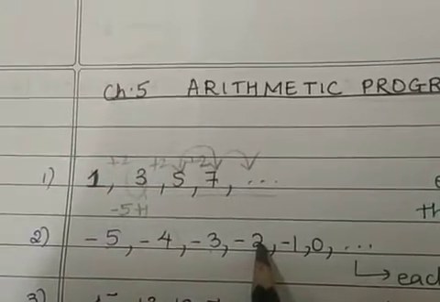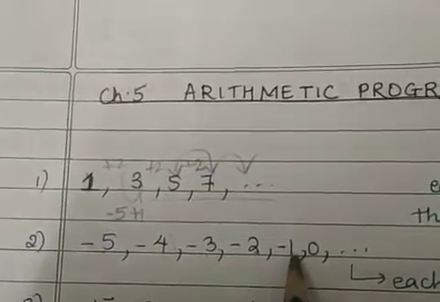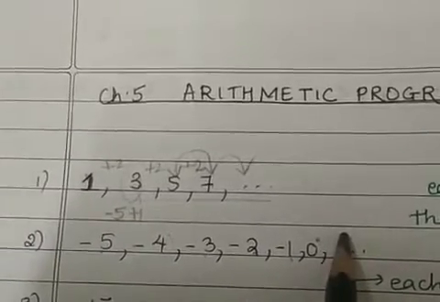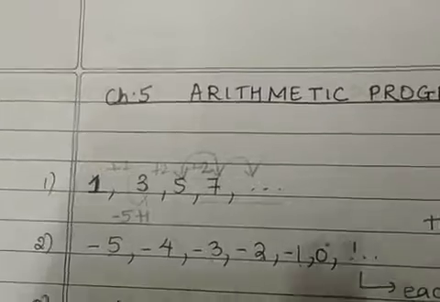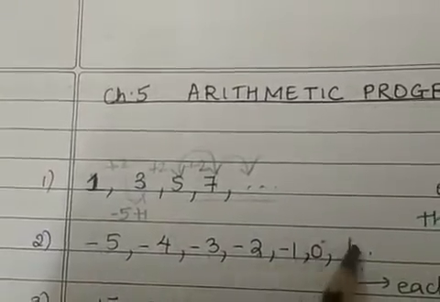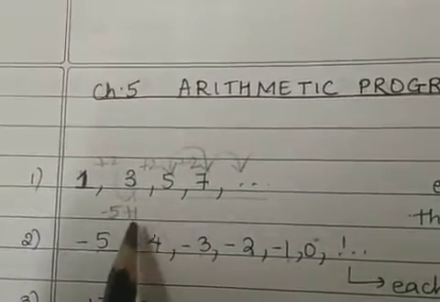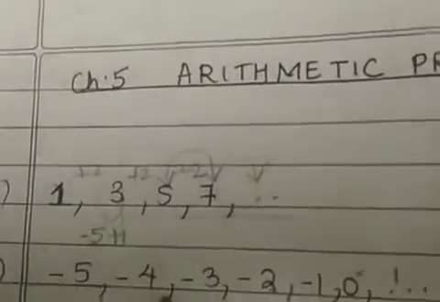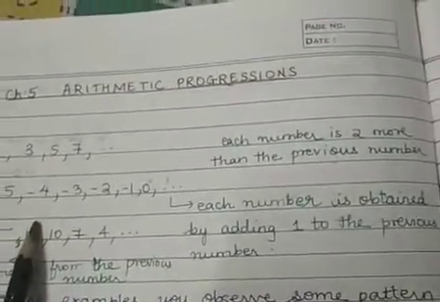And -2 plus 1 will give you -1. -1 plus 1 will give you 0. So 0 plus 1 will give you 1, and so on. So again, these numbers also follow a certain rule or a pattern where each number is obtained by adding 1 to the previous number.